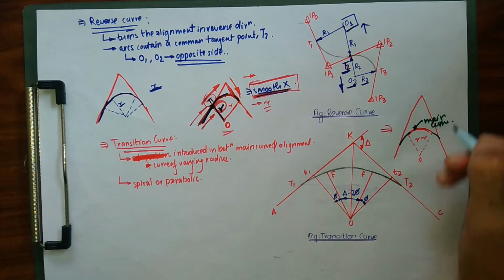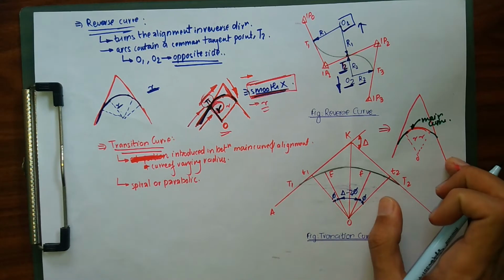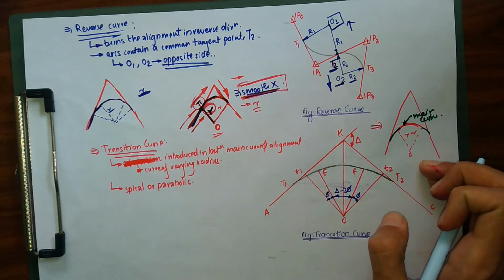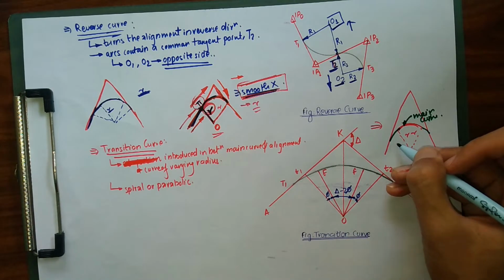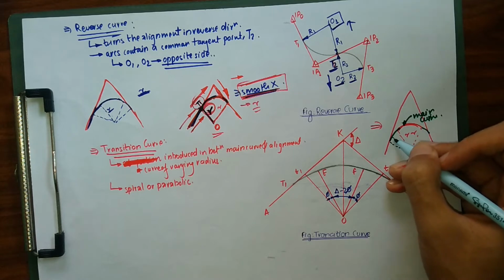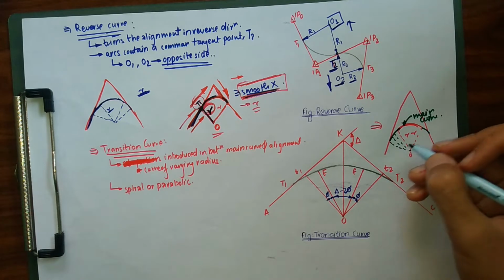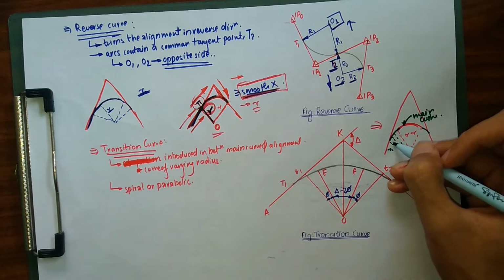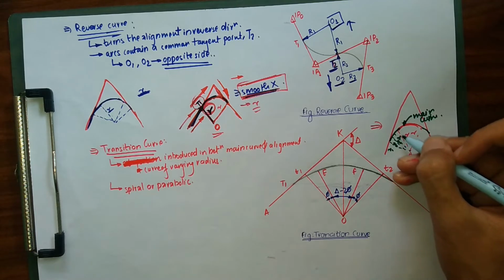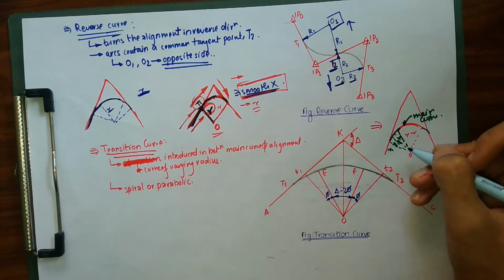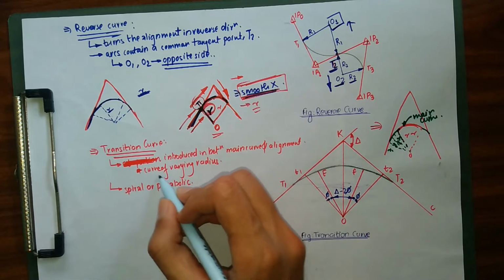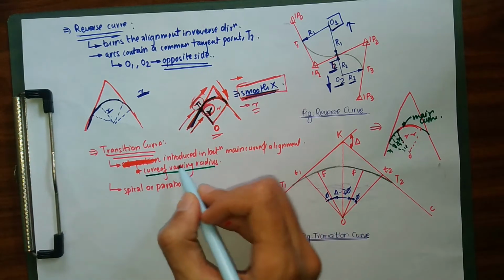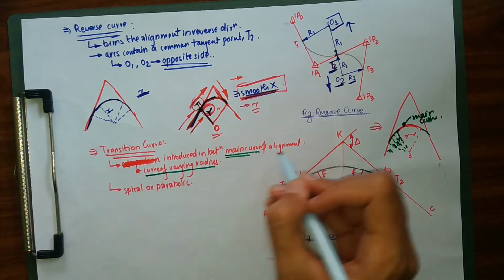In order to provide a more smooth transition, we have shifted our main curve downward, and next we'll introduce curves of varying radius. They might be r1, r2, r3, and finally r. So transition curve is nothing more than a curve of varying radius, introduced between our main curve and our alignment.